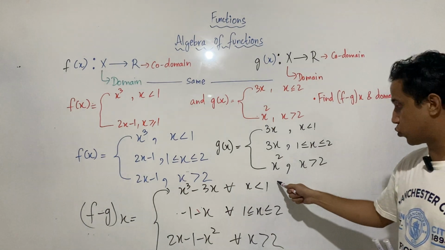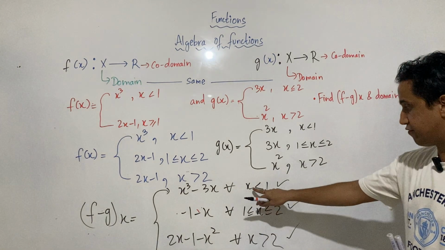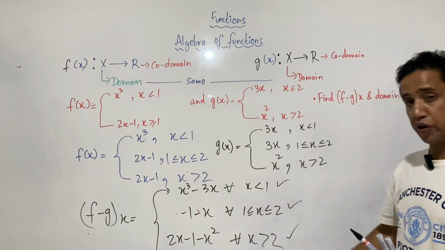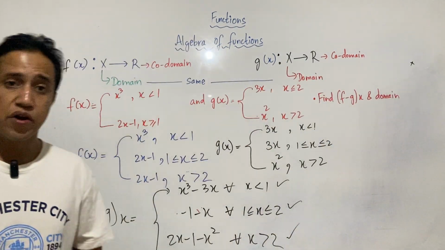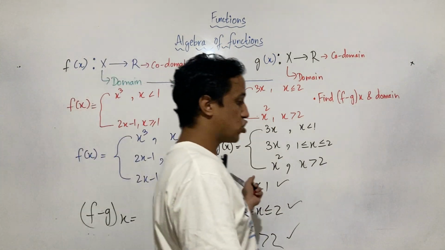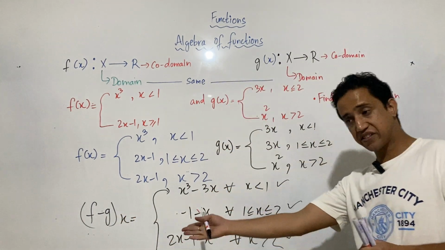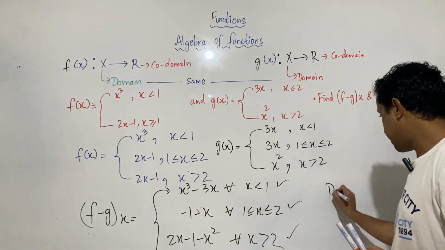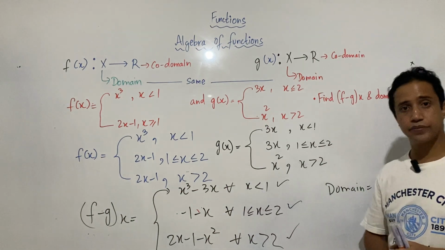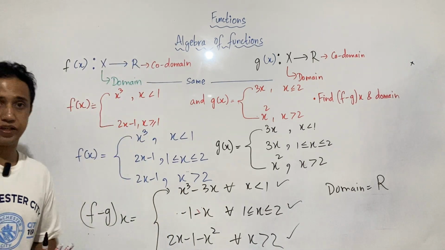So this is going to be your domain. Now, if you look at it, x less than 1, between 1 to 2, and x greater than 2 means it is defined for all the real numbers. Understand? So here your domain for (f minus g)(x) is going to be all real numbers. Okay, so that's how you have to do it.